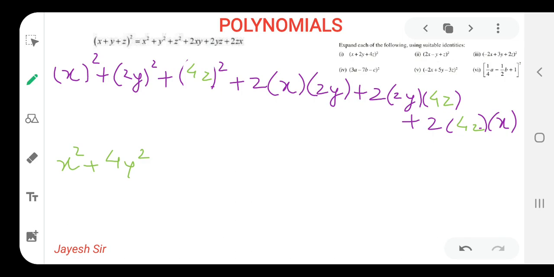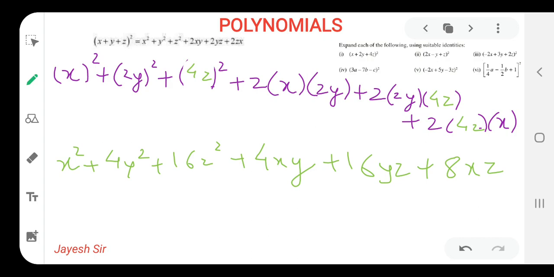Now 4z square we all know, that is 16z square, plus 2 times 2 is 4xy. Yes friends, I hope you all are getting it, plus 16yz plus 8xz. So what we have got, the answer is x square plus 4y square plus 16z square plus 4xy plus 16yz plus 8xz.